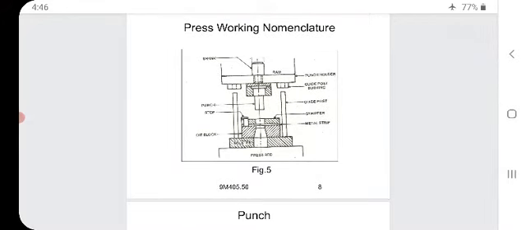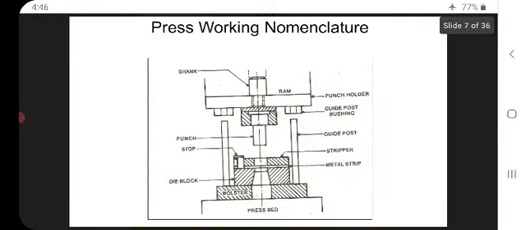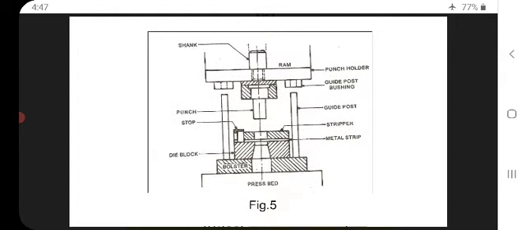Press working nomenclature. I am zooming in. From my right side, I am telling the parts, from the top: ram, beside that punch holder, guide post bushing, guide post, stripper, metal strip, shank, punch, stop, die block.